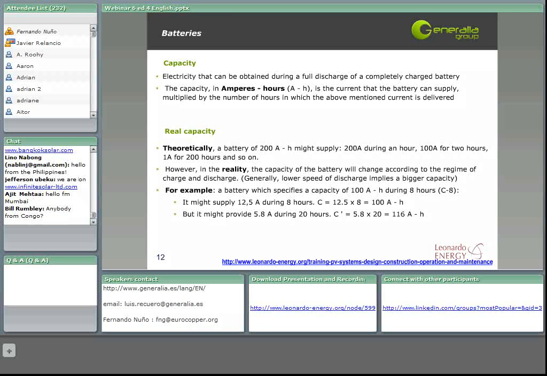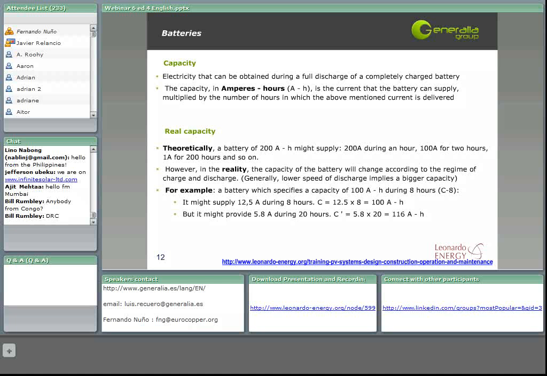One of the most important considerations is about the cycles of charge and discharge. So, here you have an example exposing that theoretically a battery of 200 ampere hours might supply 200 amperes during an hour, or it could supply, for example, 50 amperes during 4 hours, and so on.